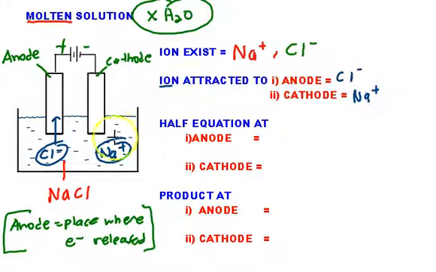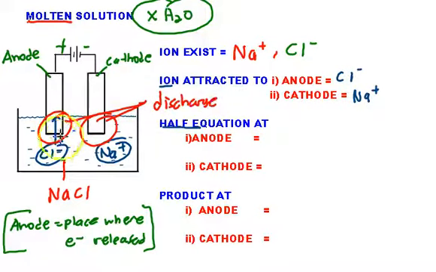Now what happens over here is the half equation. At this stage, a discharge process will be going on, where the negative ion will become a normal atom and the positive ion will become a normal atom.